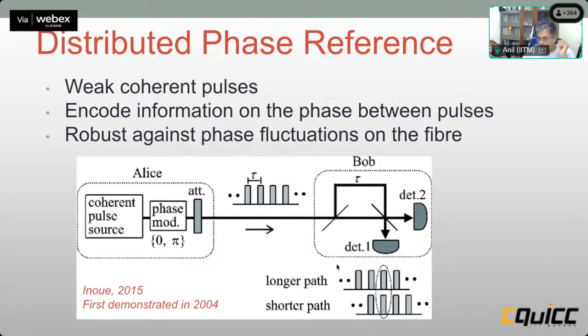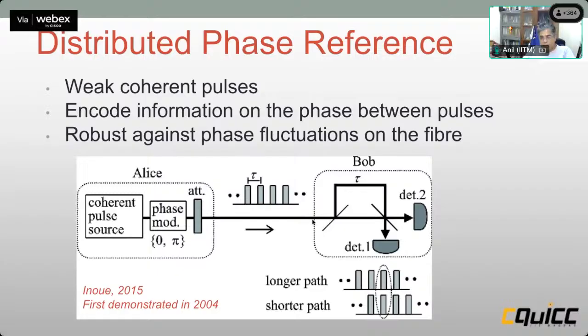What happens if you send just 1 photon? It turns out that if you send one photon, it can be either in the long arm or the short path, but that is not quantum mechanical. In the classical picture, it is either in the short path or in the long path.